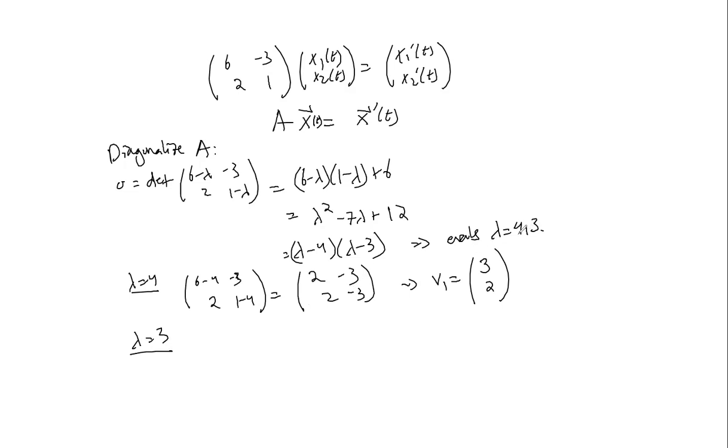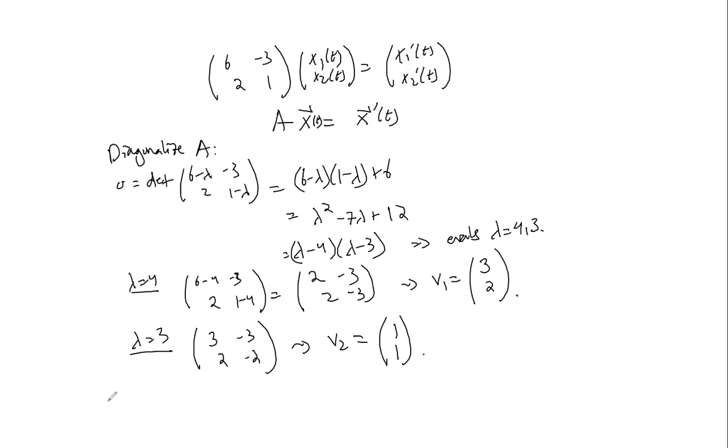By the way, since we found 2 distinct eigenvalues for our 2x2 matrix, already automatically we know that A is diagonalizable. We don't even need to look at the eigenvectors, but we want them anyways. So we get [3 minus 3, ...; 2, 2]. Right, and now we can see that it's diagonalizable because V1 and V2 are linearly independent eigenvectors.